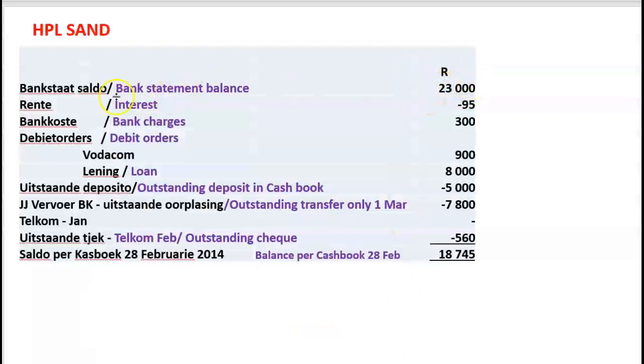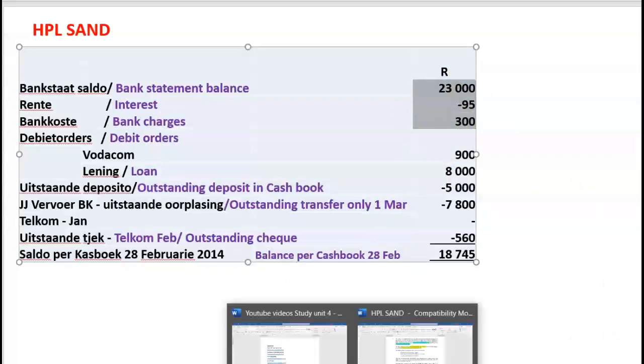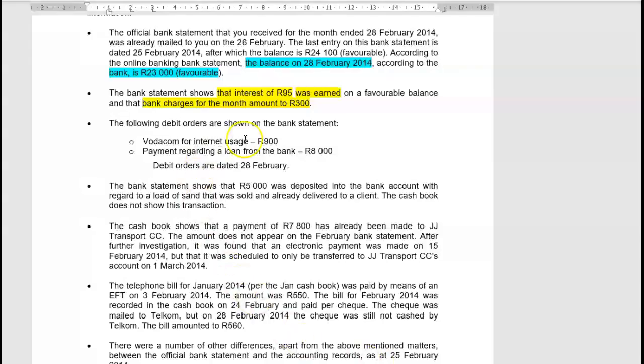So 23,000 less the interest of 95 plus the bank charges of 300 Rand. Then I'm sitting with a bank statement balance before those items were supposed to be passed on my side.